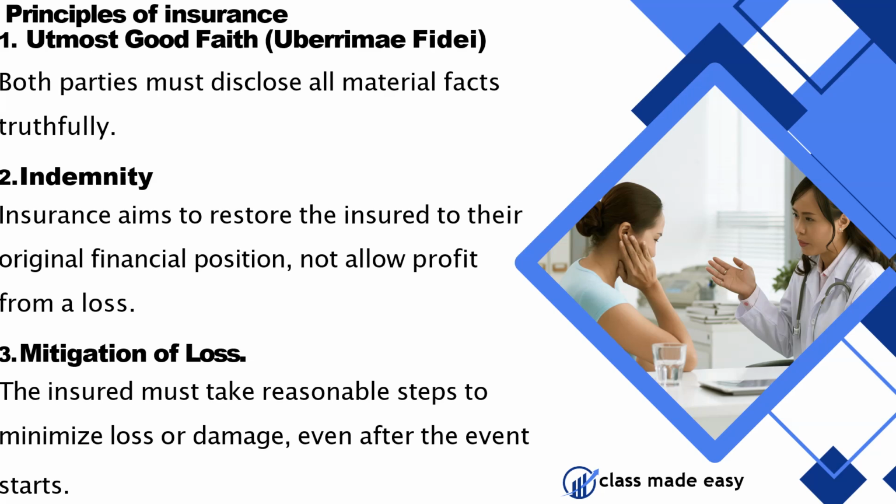Then the third one is what we refer to as mitigation of loss. We are saying that the insured must take reasonable steps to minimize loss or damage even after the event starts. That is the specific example I've talked about, insurance against fire. By virtue that you have insured yourself against fire, it doesn't mean that you are reckless in terms of your wiring, using substandard materials.